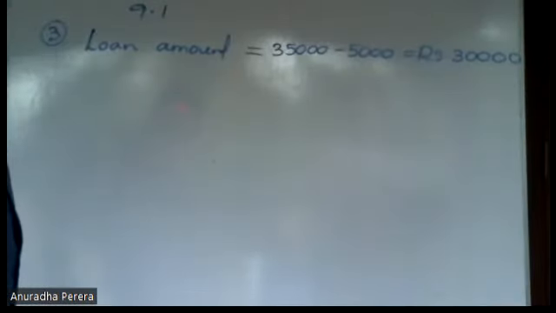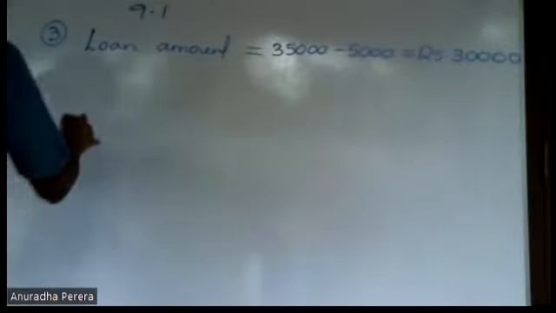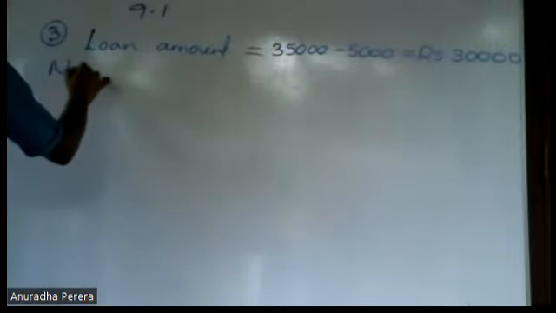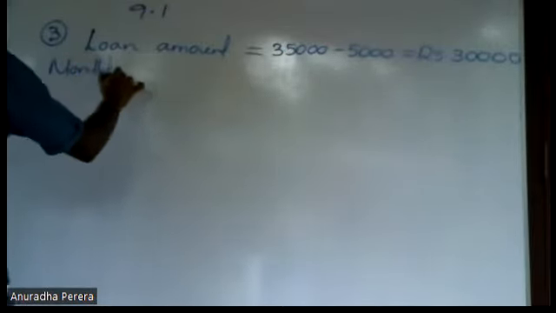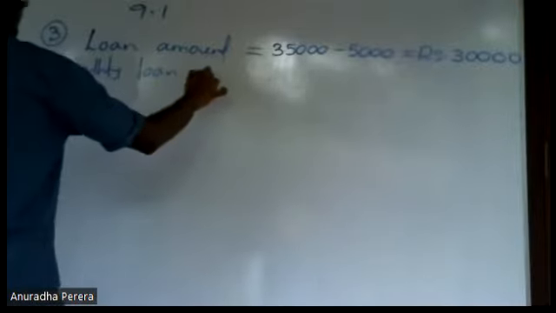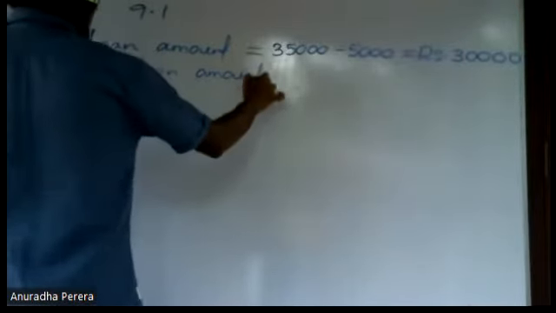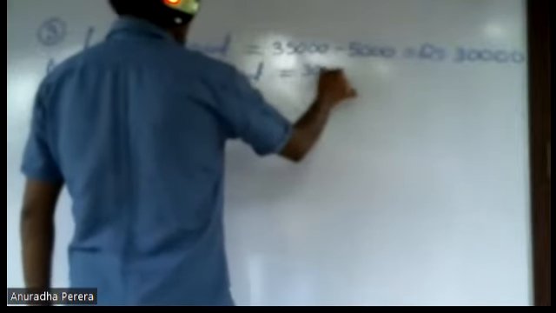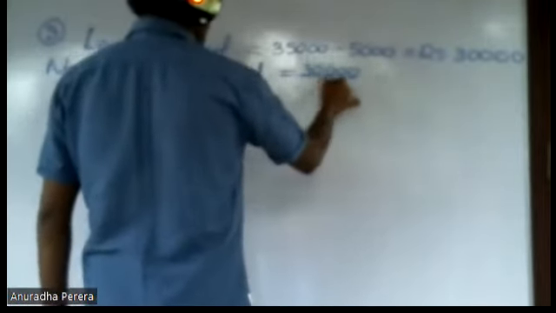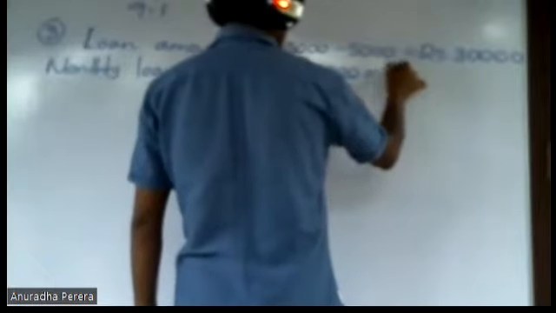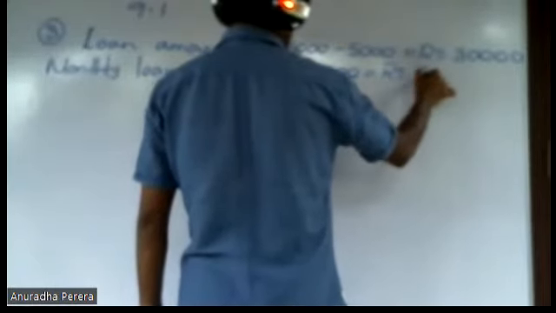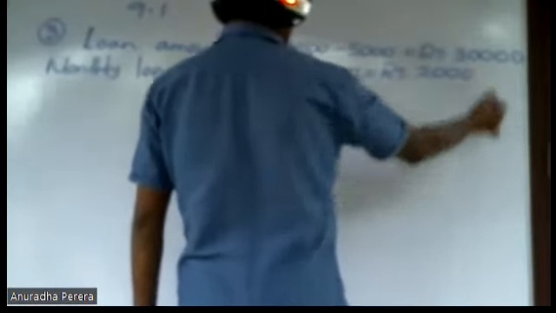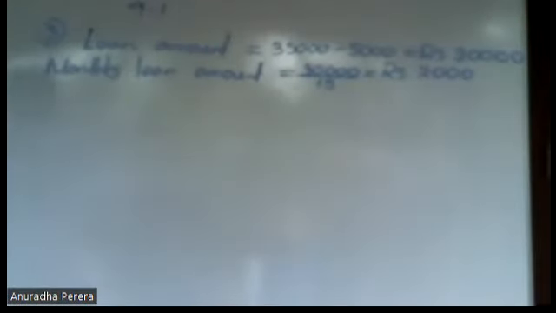Then monthly loan amount, number of installments 15, divide 30,000 by 15. $2,000. Monthly loan amount 2,000.